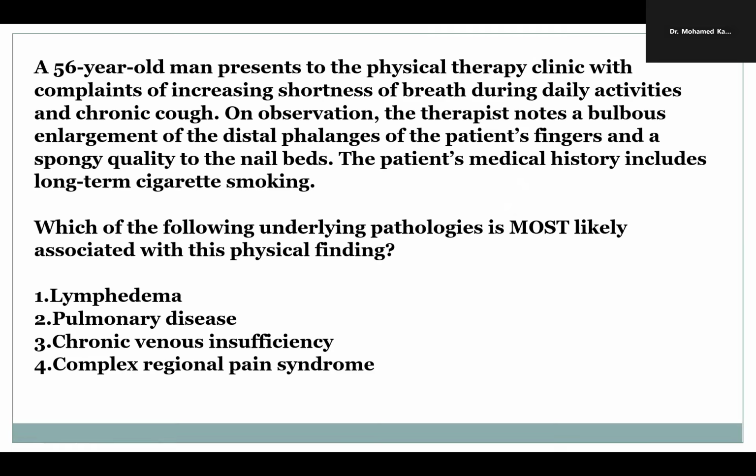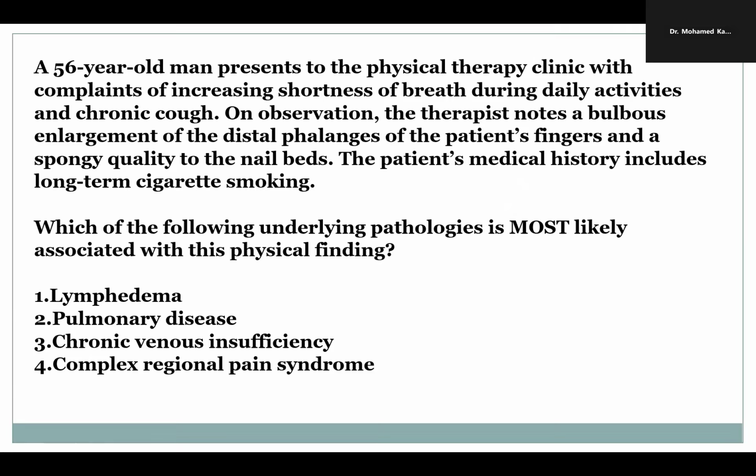So actually this physical finding is mainly what we call clubbing of fingers. So you are examining and evaluating a 56-year-old patient. This patient has complaints of shortness of breath, chronic cough, and the patient is a long-term cigarette smoker, and you find this finding of clubbing.